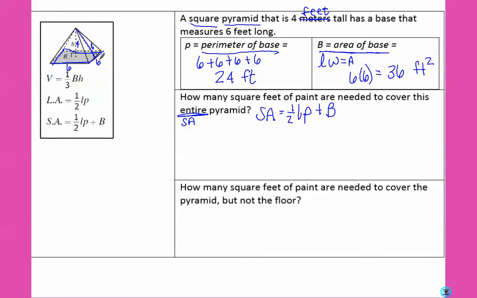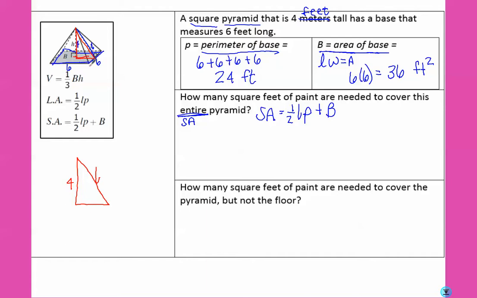We don't know what L is, but if you look, we can make a triangle using this to the base there to there. See that right triangle? So here's our L that we're looking for. We know the height is 4. Since the entire length of the base is 6, the height is right in the middle of it, so that's halfway.